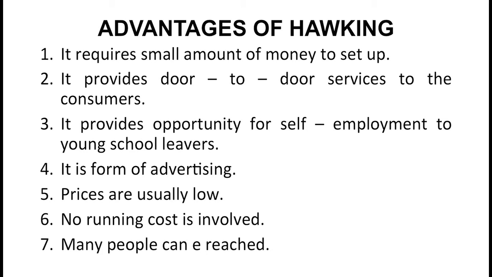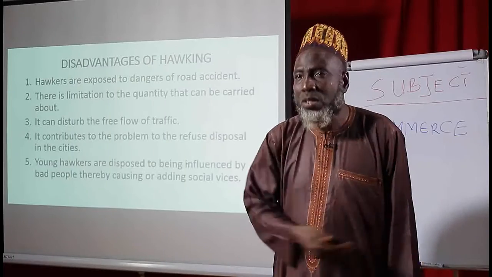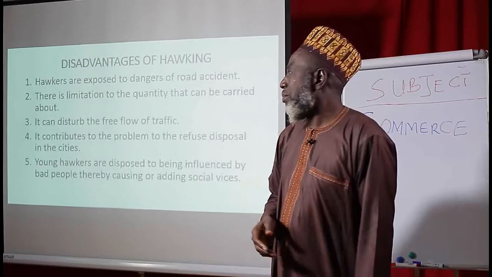Number 6, no running cost is involved. They don't incur any cost of rent, electricity, or water bill. Number 7, the last one, many people can be rich because they move from one place to another, from house to house, major motor parks, major roads, so on and so forth.